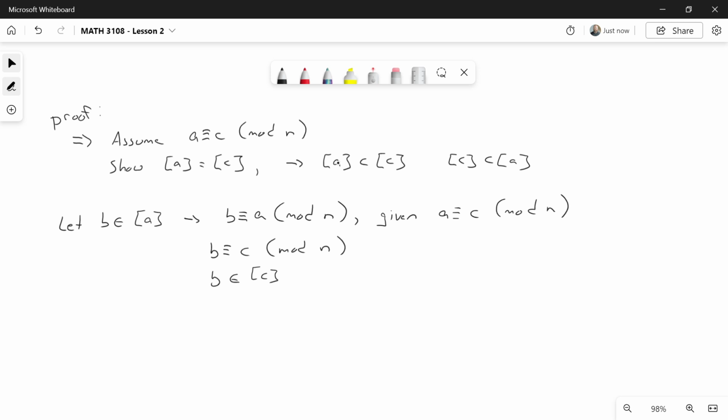So I've taken all of the elements inside of here and shown that they're also inside of here. Now I have to do the reverse. I have to take everything inside of C and show that it's also inside of A. It's going to work in exactly the same way, just with a slight twist.